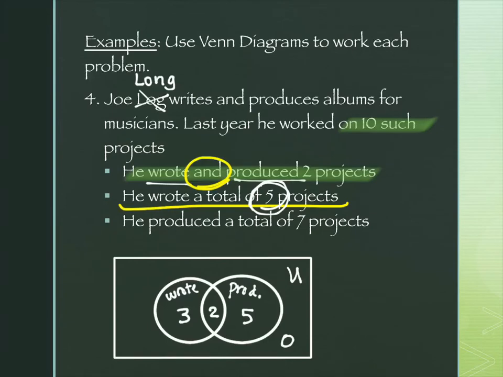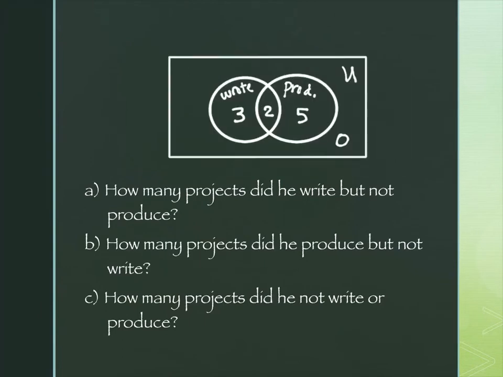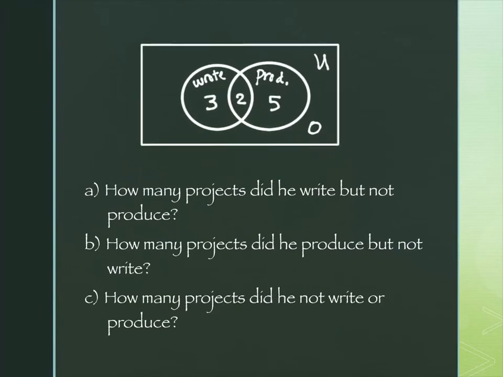So I'm going to copy my diagram and move it to the other page so that we can see it too. Once I have my diagram, these questions answer themselves. This says, how many projects did he write but not produce? That's 3, because it needs to be in the right circle, but not in the overlap, because those are the produced items as well.